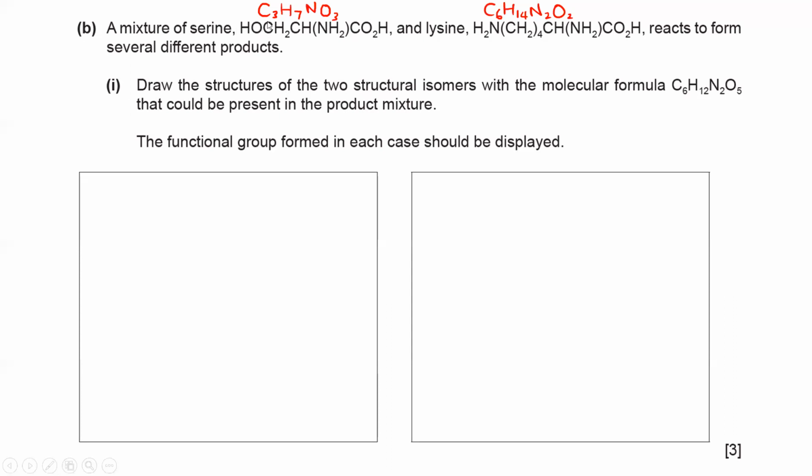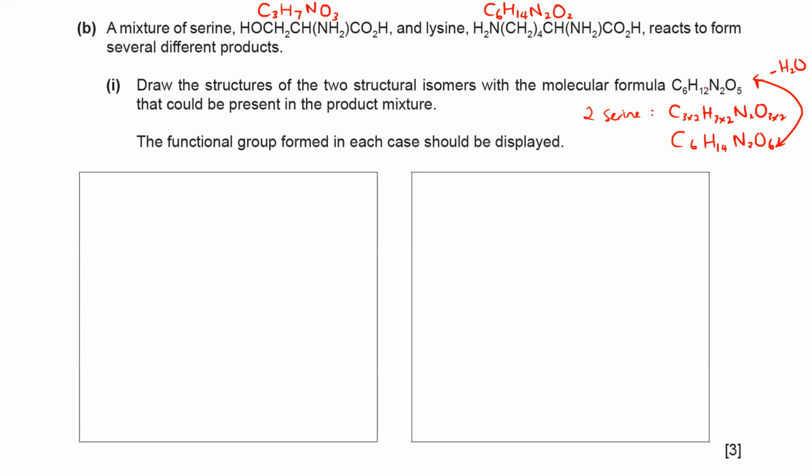So let's see, if I have 2 serine together, C 3 times 2, H 7 times 2, right? And O 3 times 2. So I will get, this is 2 serine, C6H14 and O6. So what's the difference between these two? Would be minus H2O.